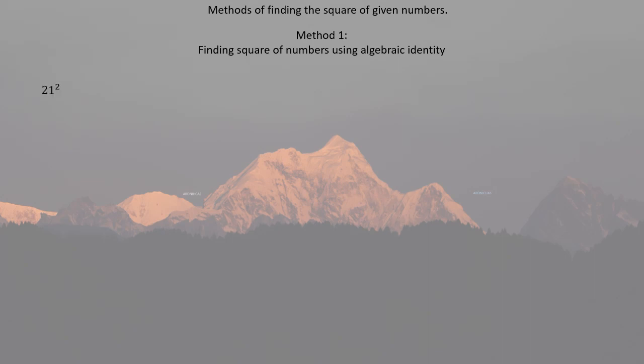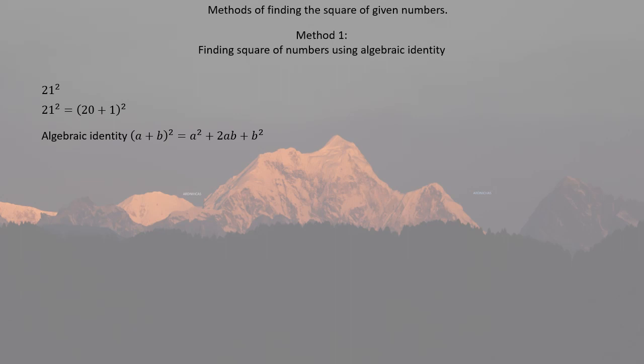Suppose you have 21 square, so you need to find out what is 21 square. So 21 square can be written as 20 plus 1 whole square, because 20 plus 1 is 21. Now we know this identity, a plus b whole square equals a square plus 2ab plus b square.